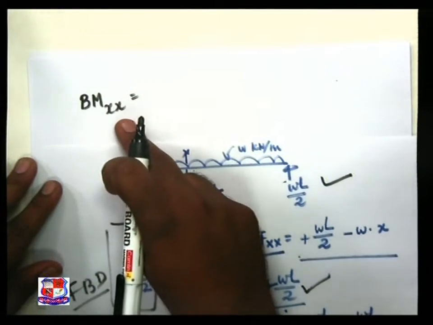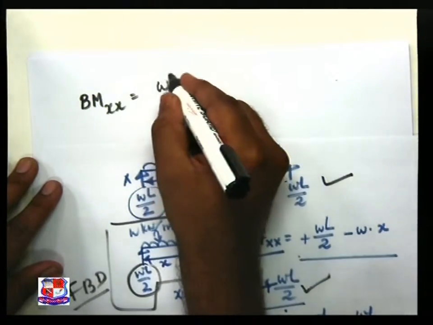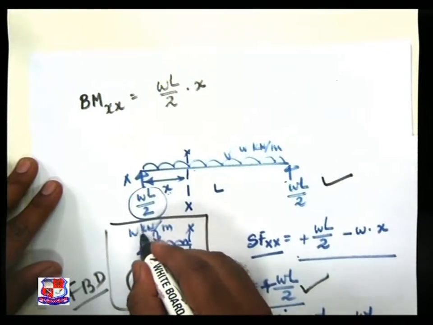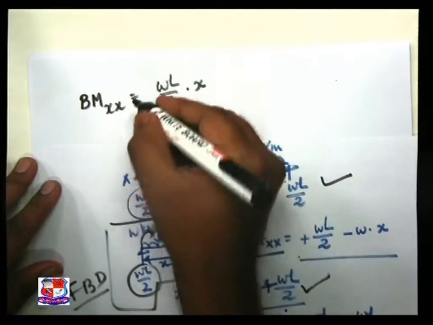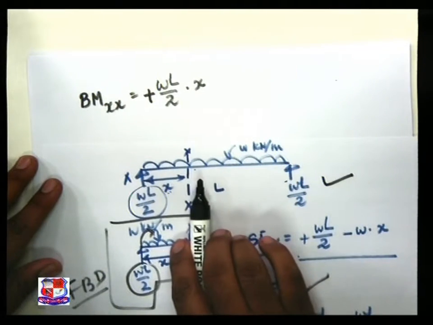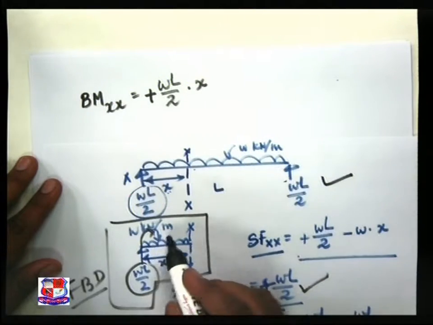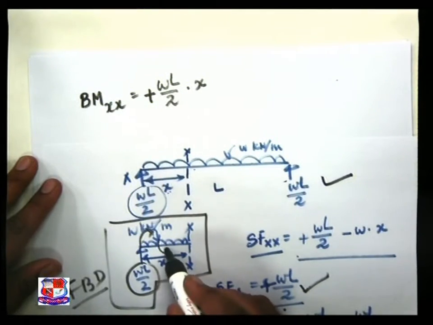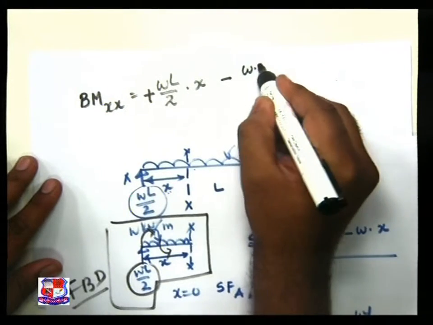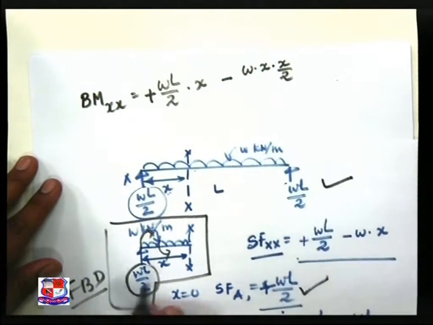Bending moment at XX is equal to, first load is WL by 2 into X. This creates a section left clockwise moment, plus sign. While this UDL creates anti-clockwise, minus W into X, the load into X by 2.